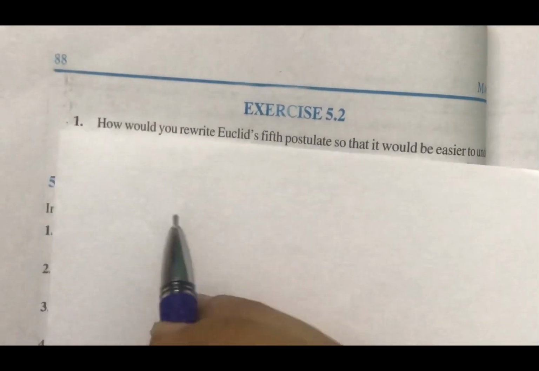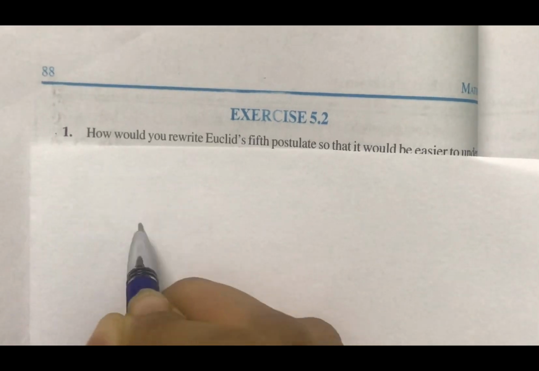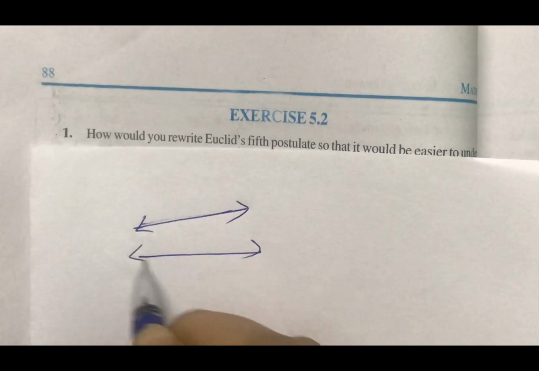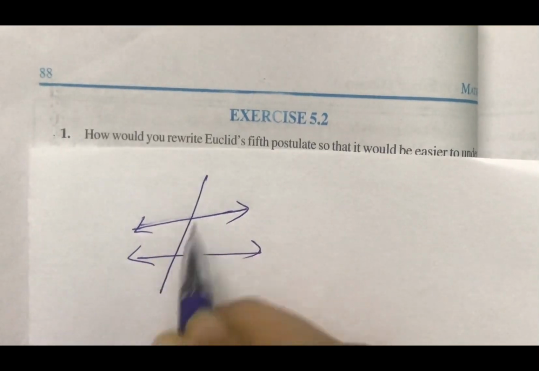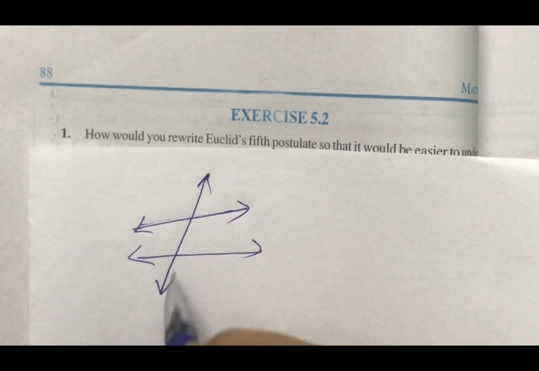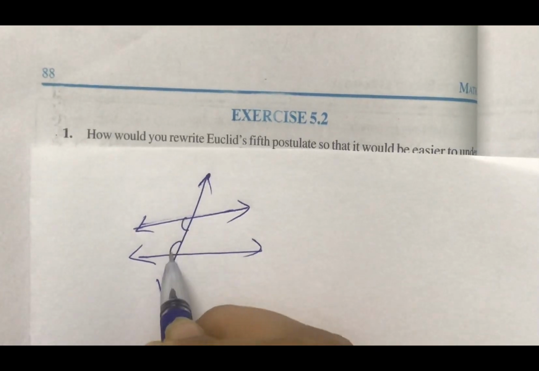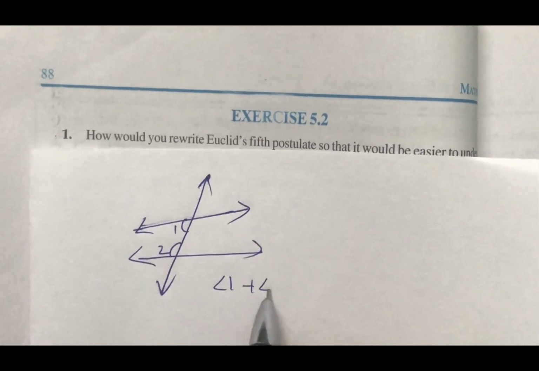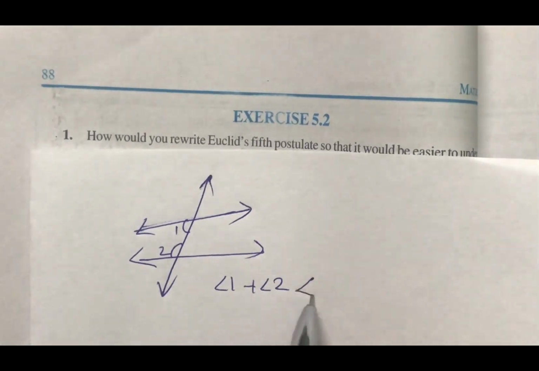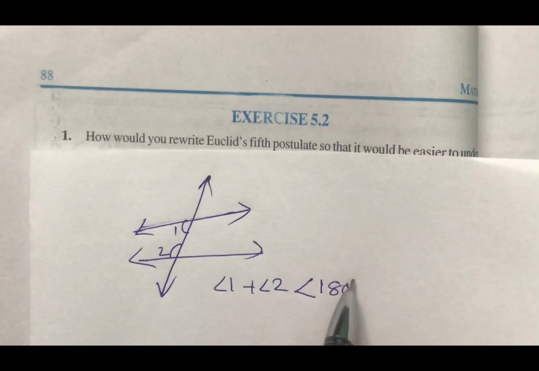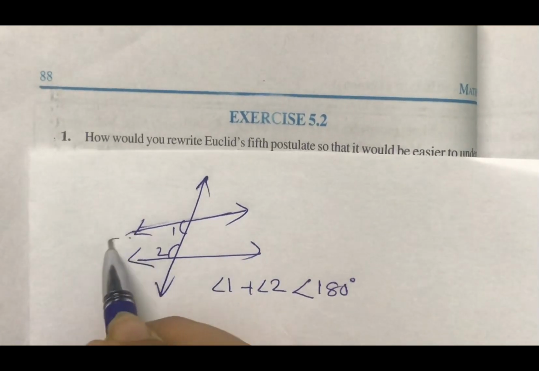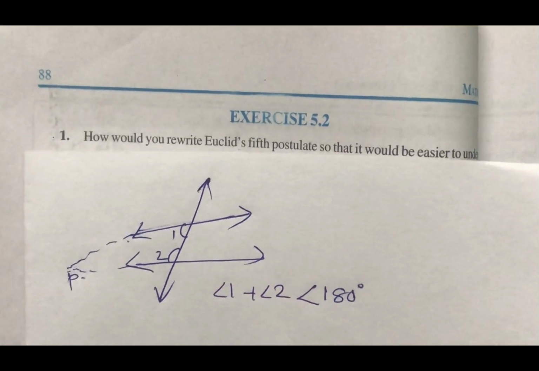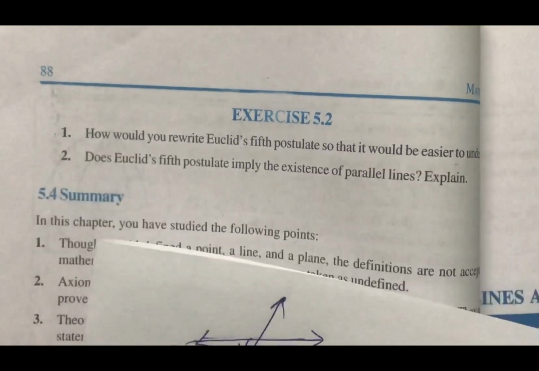So according to the fifth postulate, for two lines and a transversal, if the interior angles 1 plus 2 is less than 180, then if produced infinitely, they will meet at a point P. This is the fifth postulate of Euclid.